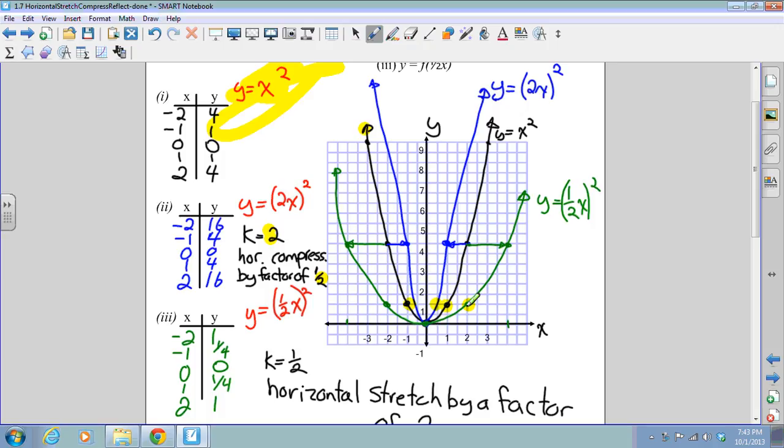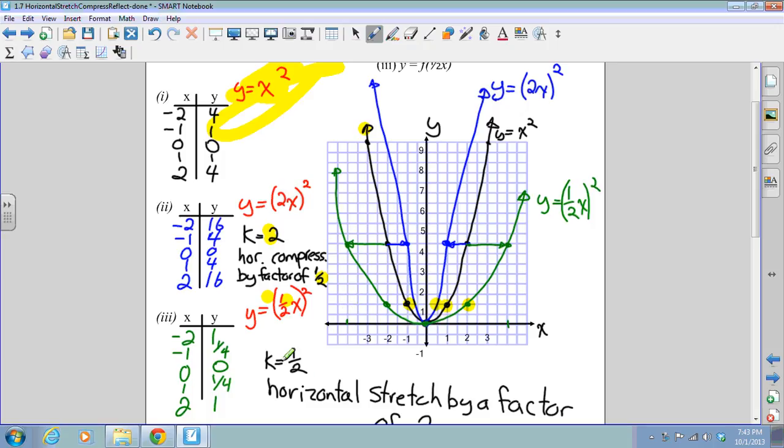Just imagine taking that elastic, ladies and gentlemen, and pushing it twice as wide from the left and the right, as opposed to the top and the bottom. Okay? So basically what's happening, ladies and gentlemen, is we have the k, and the k always appears directly in front of the x. Remember, a would be outside of the brackets here. k is inside the brackets.